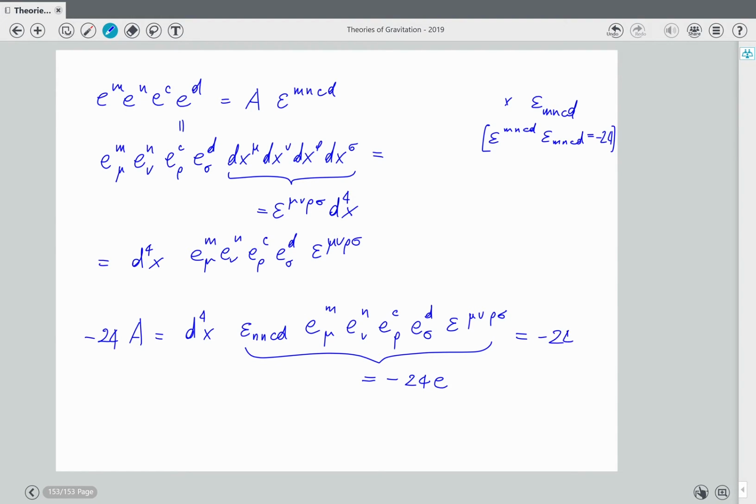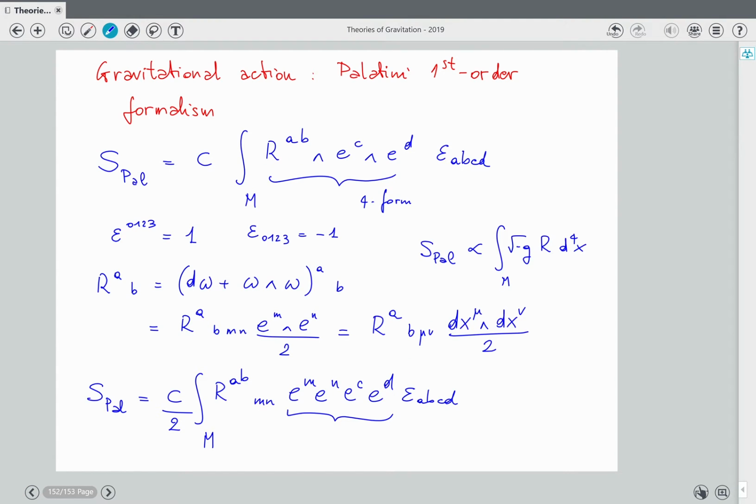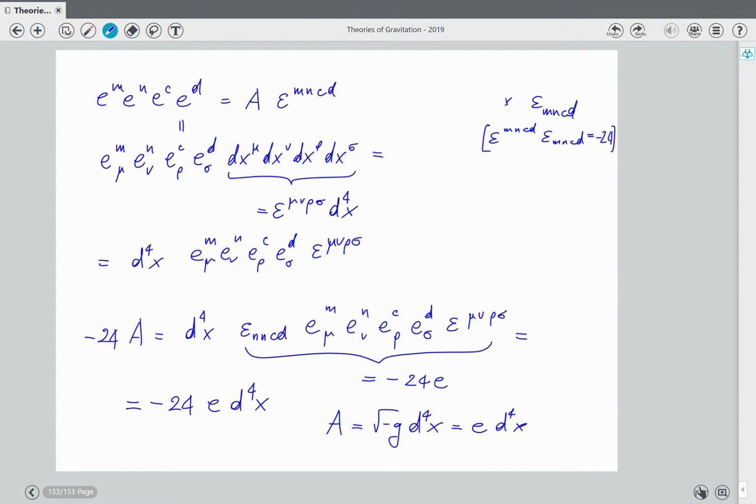So it's minus 24 E d⁴x, which means that A is just square root of minus g, if you want, d⁴x, or E d⁴x. Therefore, we can replace this object here with epsilon mncd times E d⁴x.